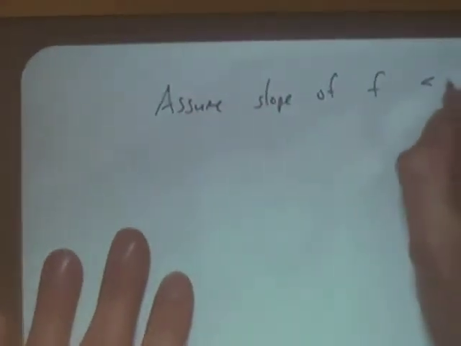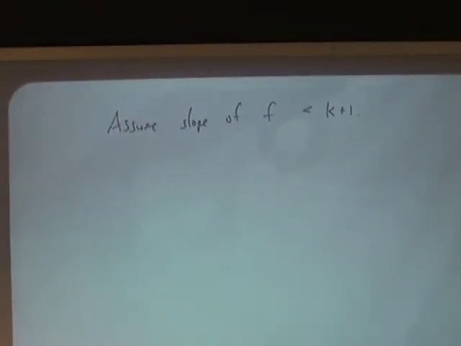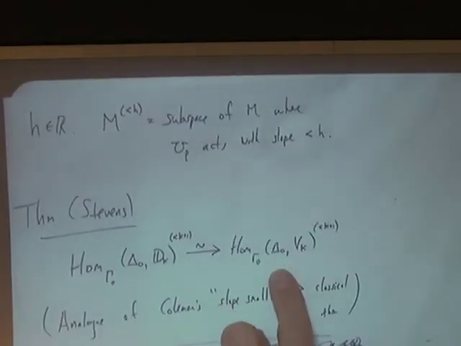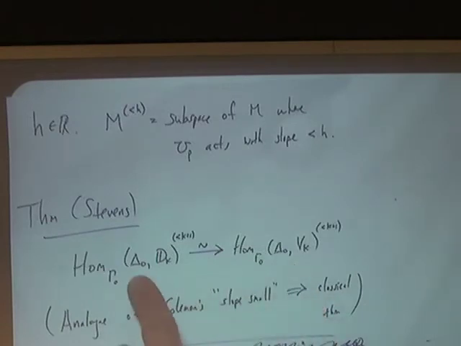And then by the control theorem, I should assume that the slope of f is less than k plus 1. So now I'm in the range where this modular symbol, this phi_f, has slope less than k plus 1, so I can uniquely lift it to a symbol here.